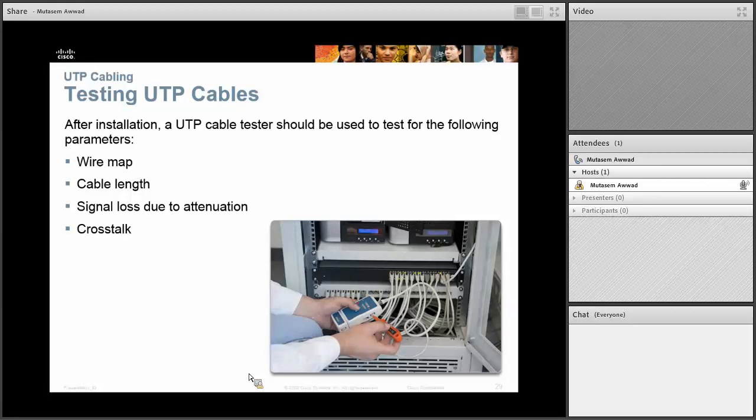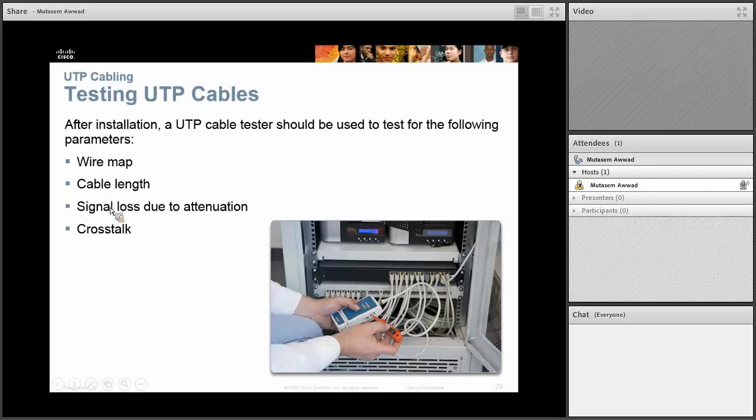All right. Lots of times you may work in a place where you have to test the unshielded twisted pair cable using a Fluke device. So you can send a signal out, check the wire map. For example, if you want to see where there's any discontinuity in the wiring, you can check the length of the cable.